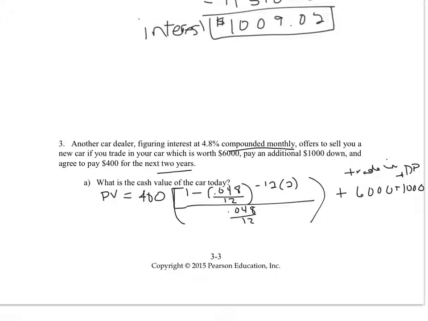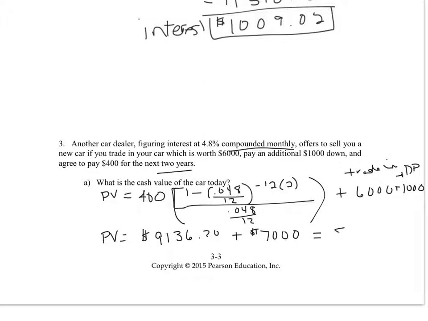If we calculate what's in the parentheses, and again, we've talked numerous times about order of operations and having good calculator skills, once you get all that calculated and you multiply it times 400, you should get $9,136.20.